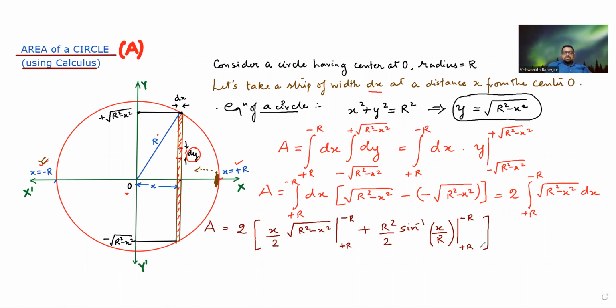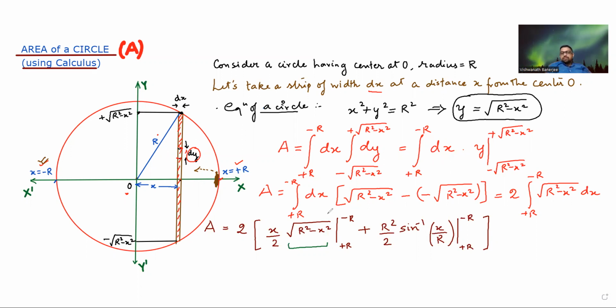If you carefully notice in the first expression, this term, when you put minus r in the place of x, it gives you r square minus r square, that is a 0. And if you put plus r, again upper limit minus lower limit, it again gives you a 0. So 0 minus 0 is 0.